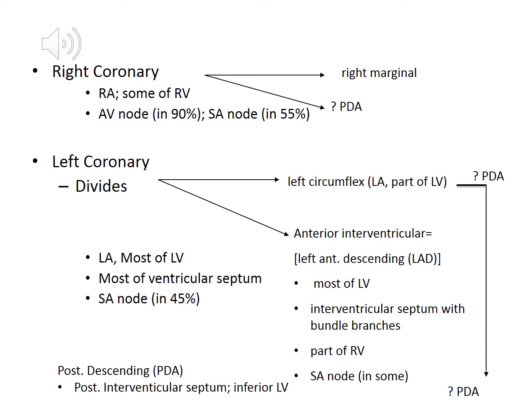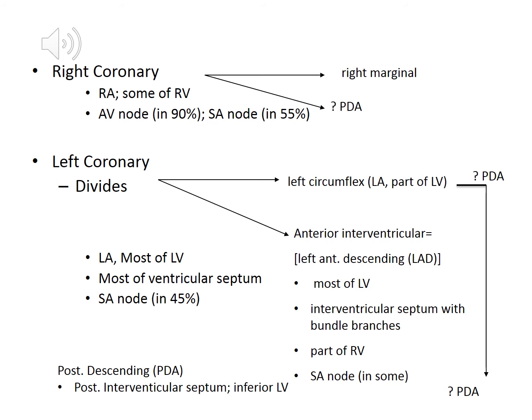The left coronary artery will divide into the left circumflex and then into the left anterior descending artery. The left circumflex branch will provide blood supply to the left atrium and part of the left ventricle, and the left anterior descending artery will provide most of the blood supply to the left ventricle, as well as some blood supply to the interventricular septum and part of the right ventricle, and in some cases will provide some blood supply to the SA node.